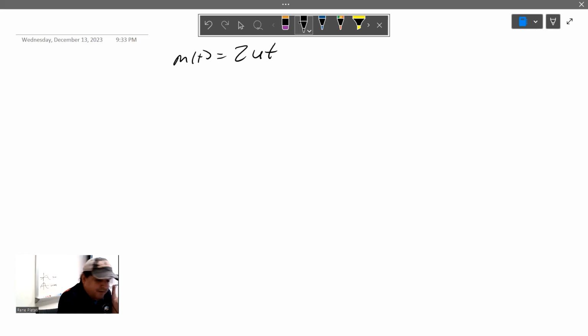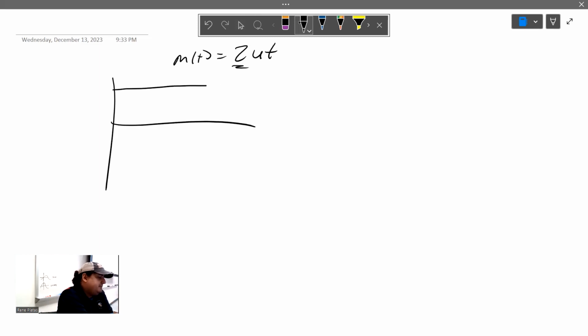A, draw the output of the phase modulator with m(t). Pretty simple stuff, right? Letter A says draw the message signal, very simple, it's a line. The amplitude is 2. And that's your message signal right here.